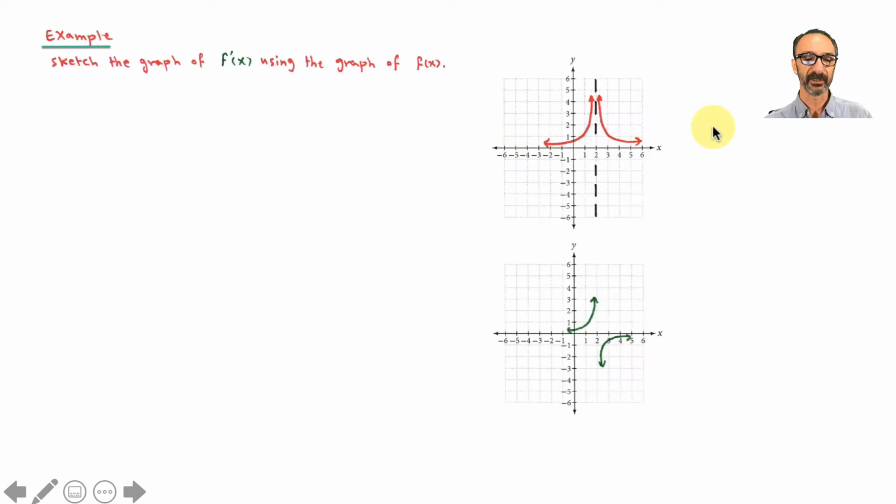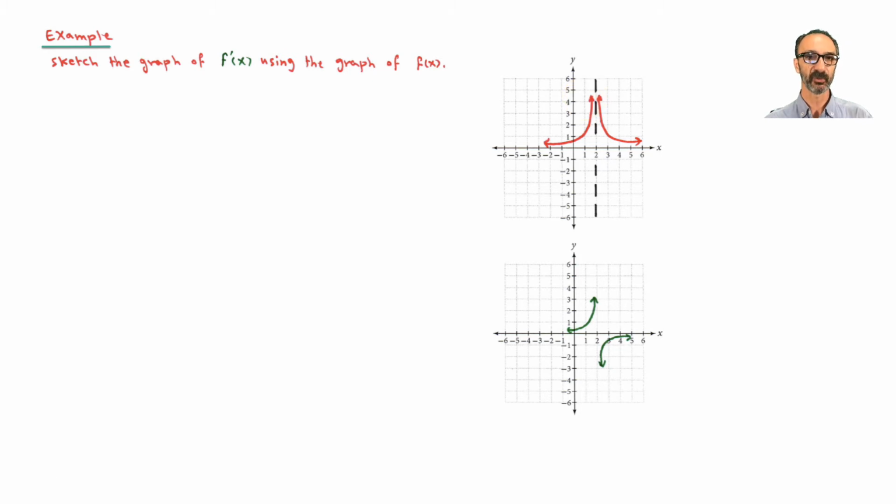Let's look at this one here. This is with the vertical asymptotes. Let's go normally from left to right. On this piece, I'm going up. My derivatives are positive. My slopes are positive.